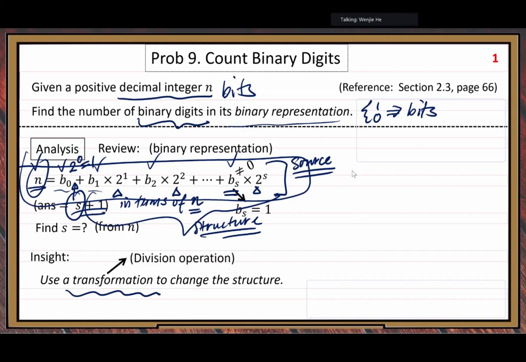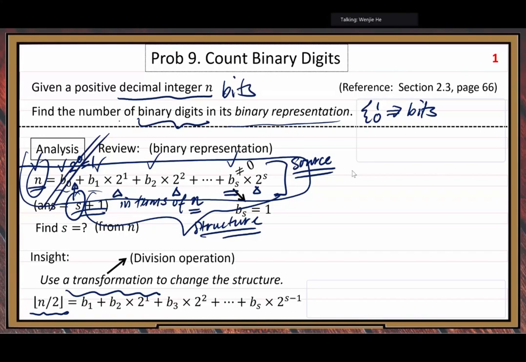All right, so let's do it. Let's apply the division. Left-hand side, because it's integer division, you drop the fractional part. If you have a fractional part, you drop it. So you only keep the integer part, so that's n over 2, then you take the floor function. The right-hand side: the possible fractional part only comes from the first term, right?